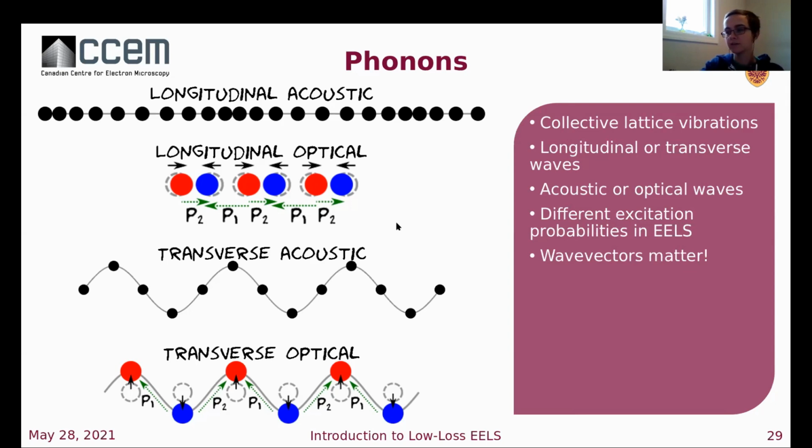So if you're doing an EELS experiment to look at the phonon distribution, you need to think about the wave vector of the phonon, the wave vector of your electron beam, and the crystal wave vectors and orientations related to your electron beam. There's some really interesting science to be done here in relating the phonon excitation, the crystal structure, wave vectors, and how they impart momentum into the electron beam.